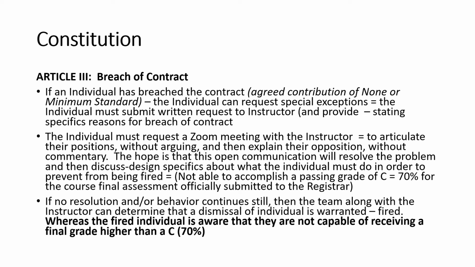You need to request a Zoom meeting with me, and that way we can talk about it. When you do the meeting, if we get to that point, you need to present your position without arguing, and then we can go ahead and look at trying to reassess the situation. If not, there's no resolution.